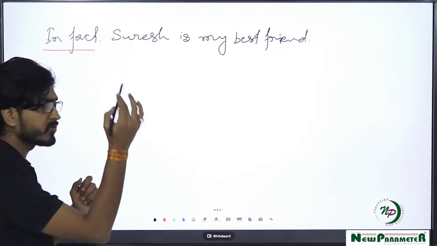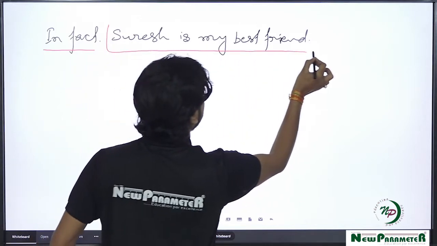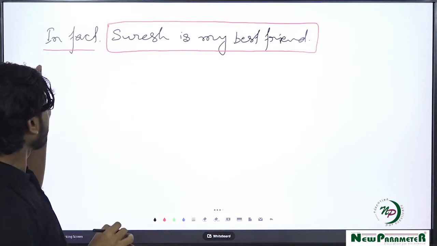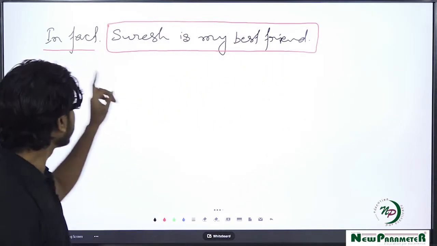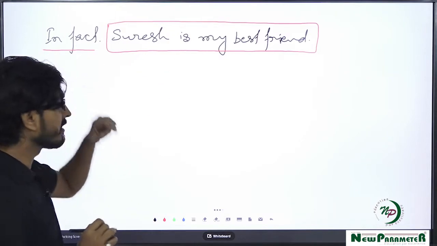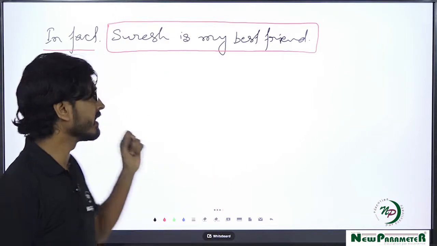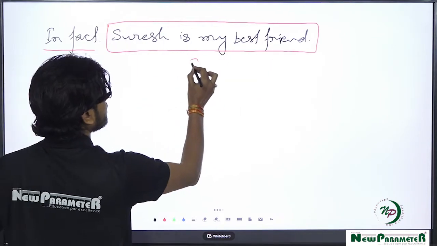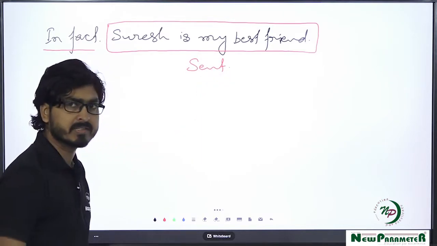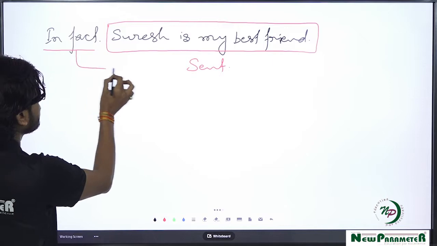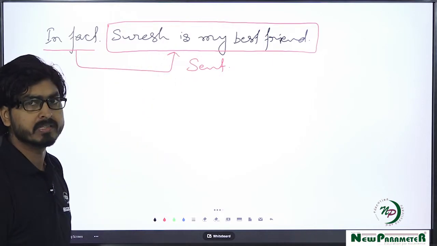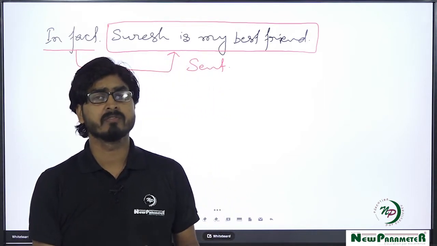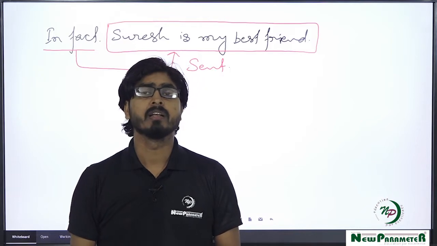In fact, sach mein, Suresh is my best friend. We can't say, in fact, my best friend, not at all. In fact, Suresh, not at all. But we must say, in fact, Suresh is my best friend. And we know this is a sentence. So we can say, in fact, has been used to modify this sentence.